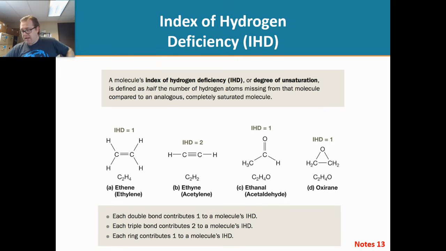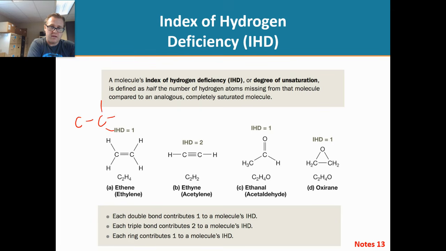Now what's interesting here is I'm going to have our reference compound, ethane, right here so we can refer to it. Now the index of hydrogen deficiency or degrees of unsaturation, here's the trick. For every additional double bond, that is 1 degree of unsaturation. So here we have ethane in red.